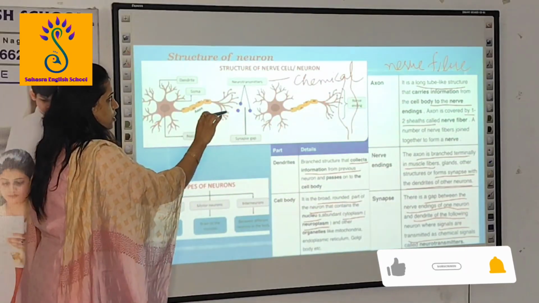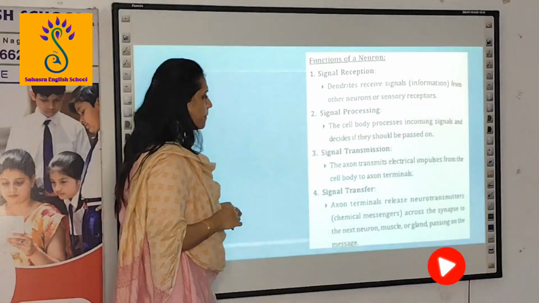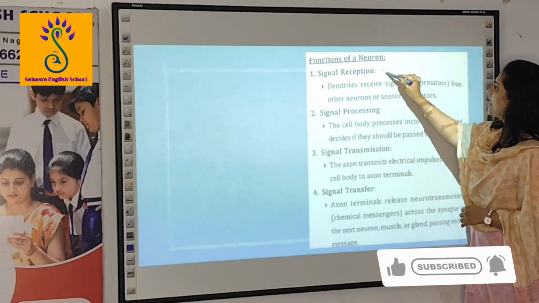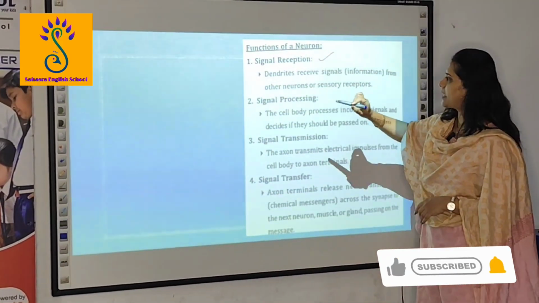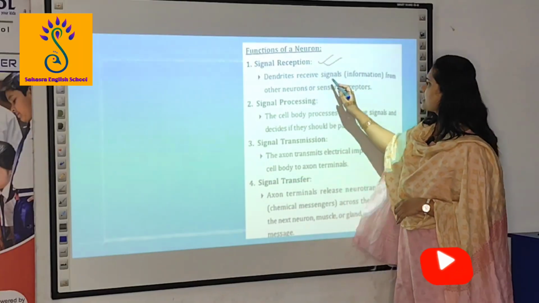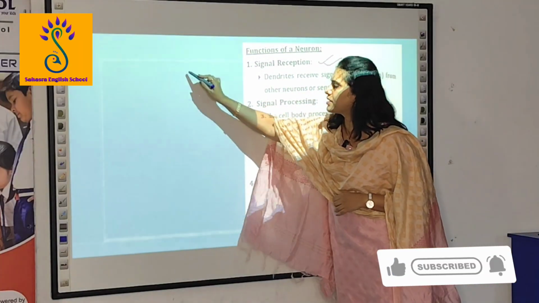This is the structure of the neuron. We'll see the main functions of the neuron. Signal reception: we have discussed this, but I have given it in the form of subheadings. Dendrites receive the signals. You have seen the dendrites, isn't it?